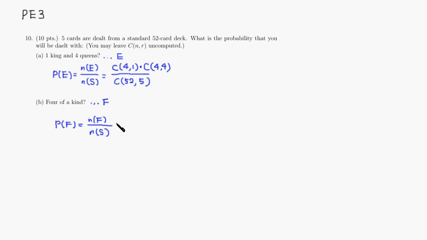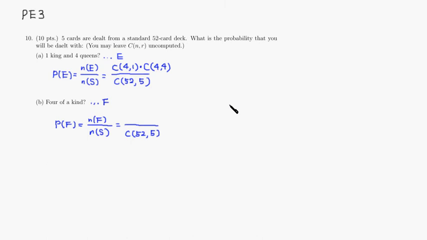The denominator is exactly the same, so it's the combination 52 comma 5.